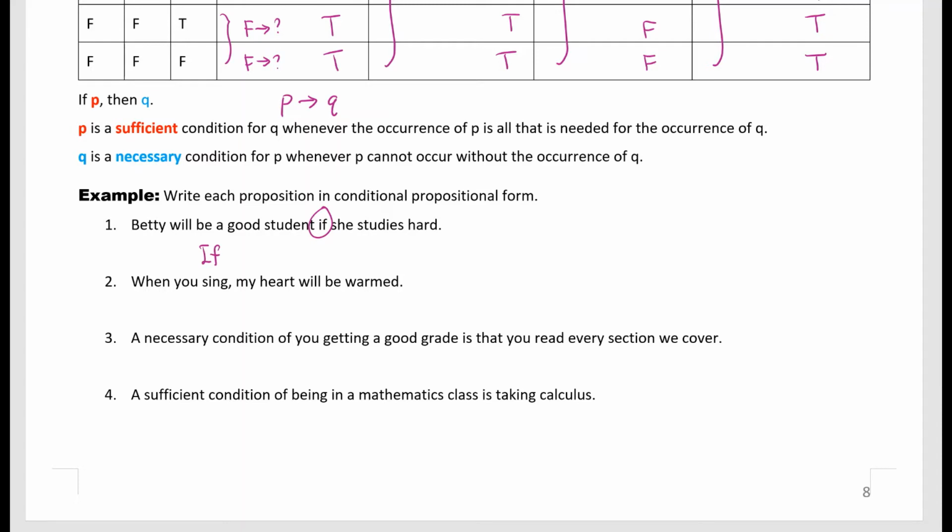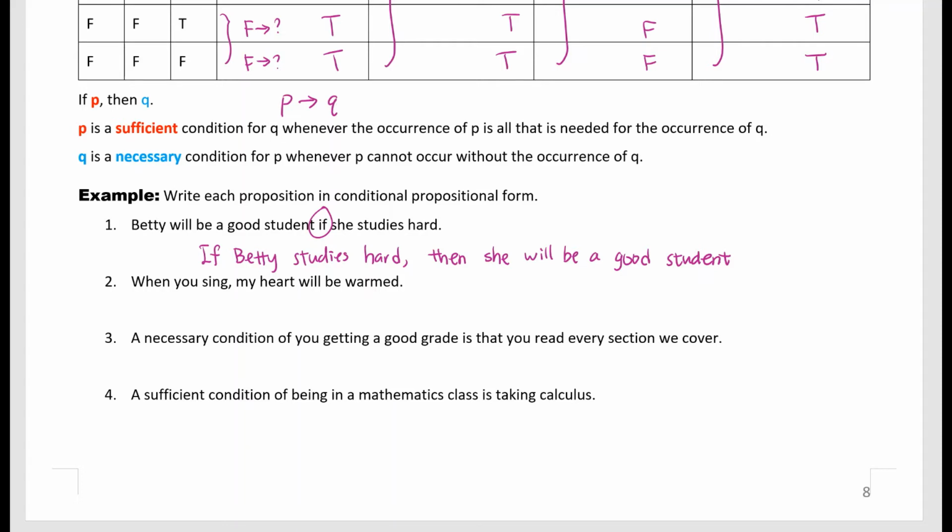But who is she? Because we mention it for the first time, we should say if Betty studies hard. Then the Q: Betty will be a good student. Here we can use she. She will be a good student. All right. This is the first one.